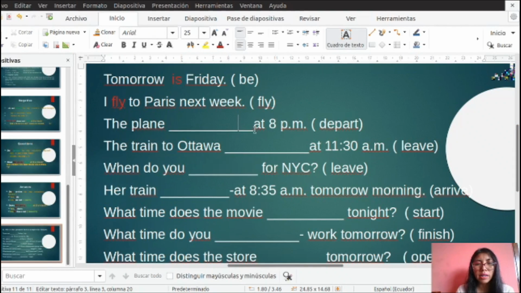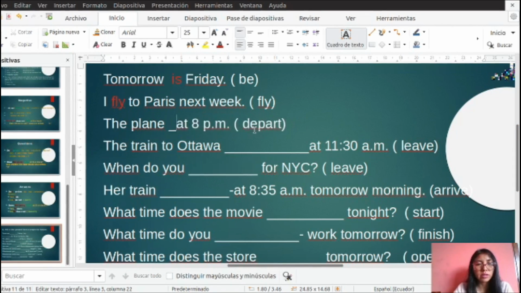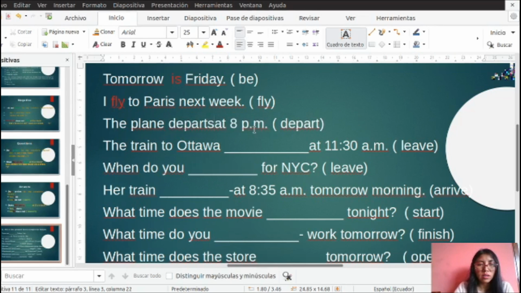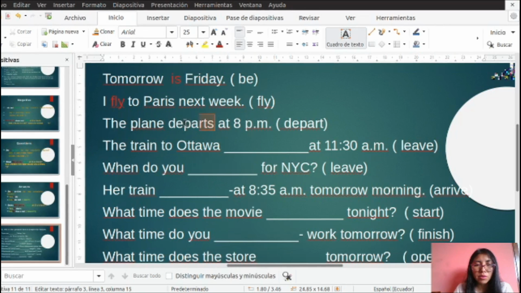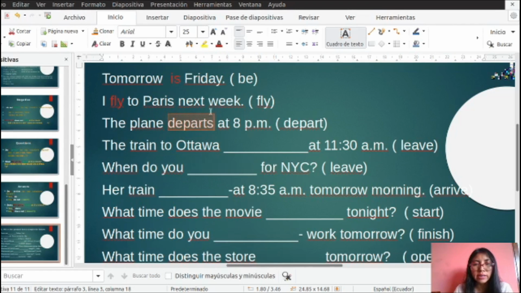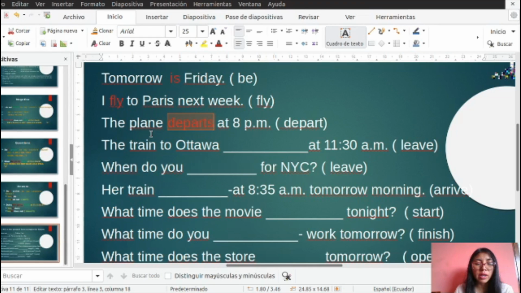In this case the plane departs. I am using departs with a letter s, because the plane is singular. Okay, it corresponds to the third singular person.